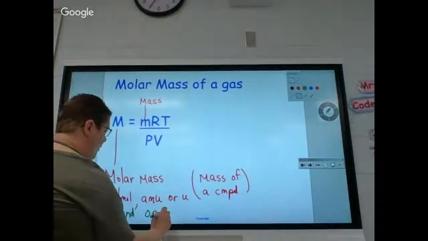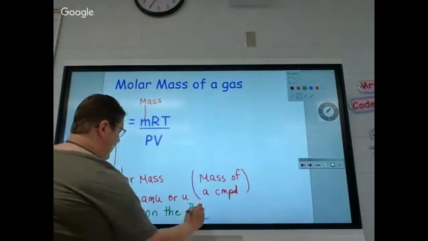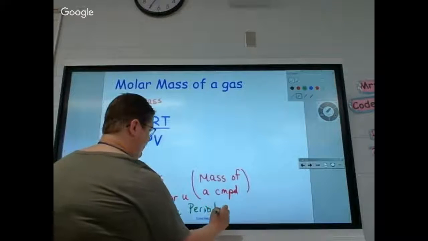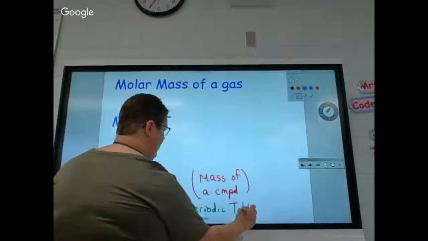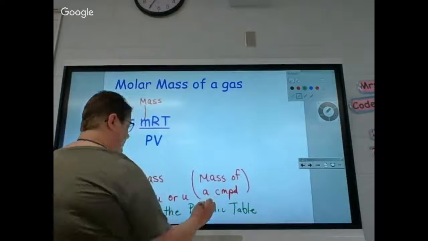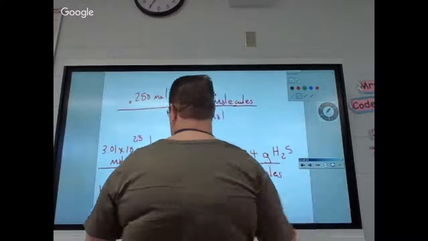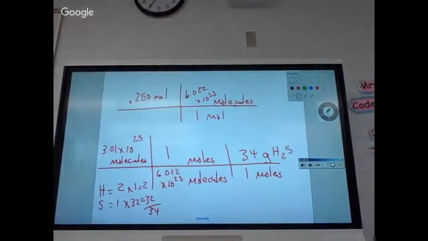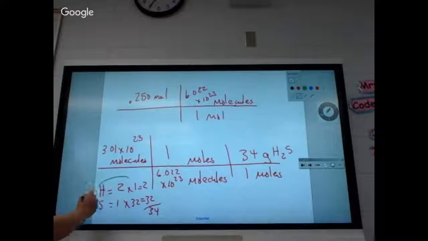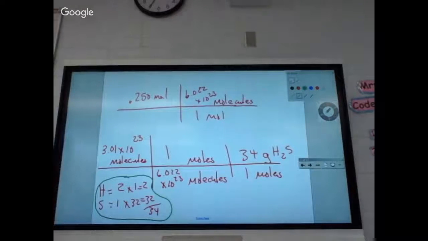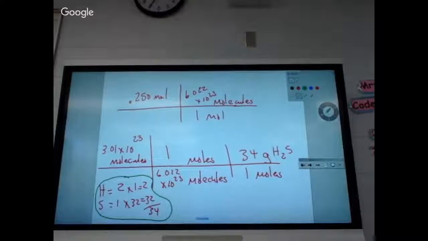It's found on the periodic table. And if I cruise back to, where do we do that on this board? Right there at the bottom. In that green box was a molar mass.